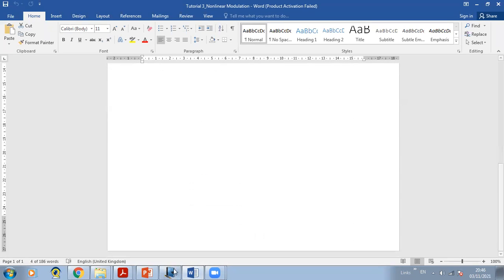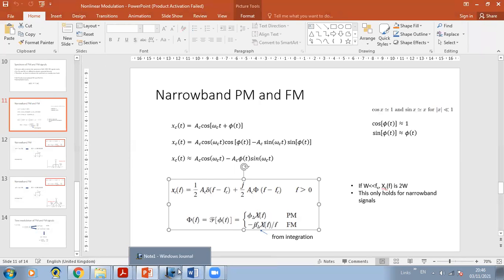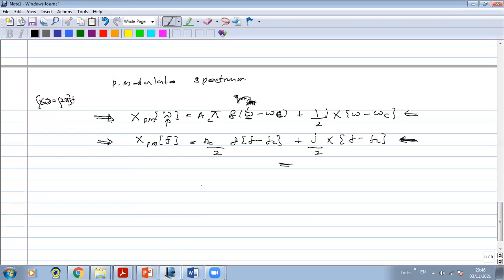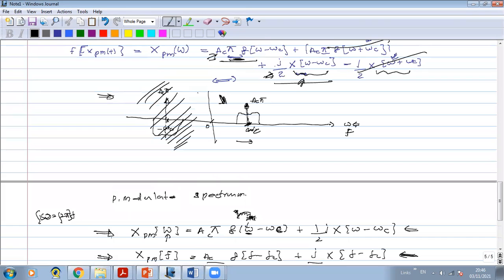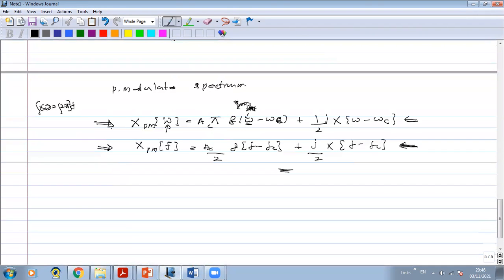So we have a single-tone modulation here, because one sinusoidal signal is there as the information signal. That means one tone is there. Sometimes this is called single-tone modulation, because only one tone, one sinusoidal signal, is there.